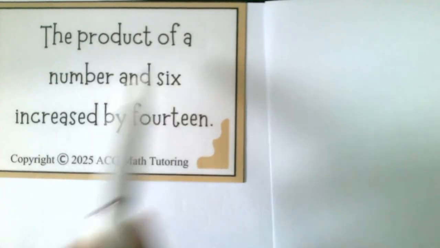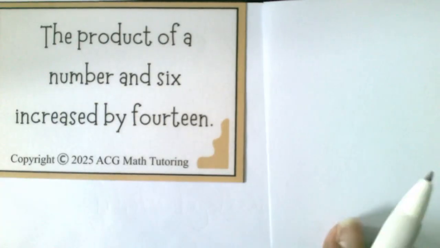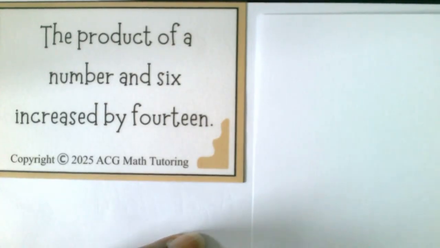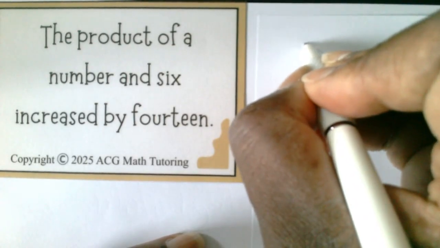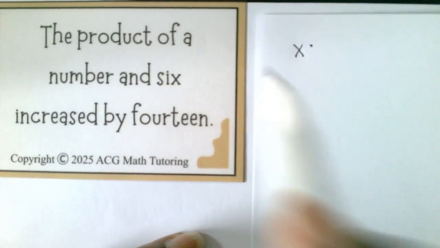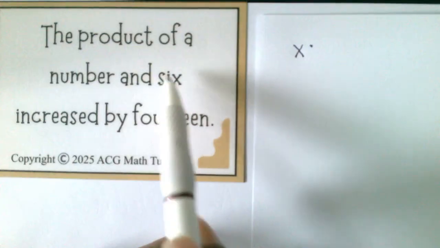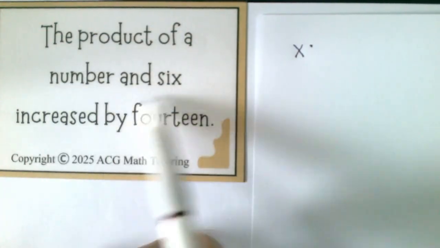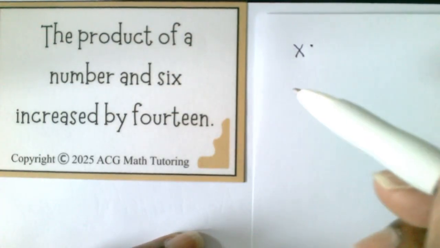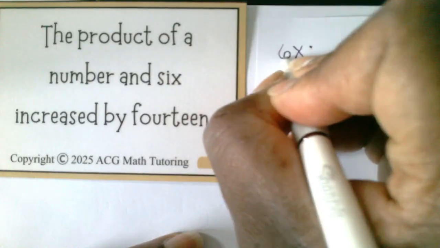The first one is a number. We don't know what that number is, so we're going to use x. So we're doing the product of a number and 6. So that's the first part. Multiplying a number and 6, we can also call that 6x.